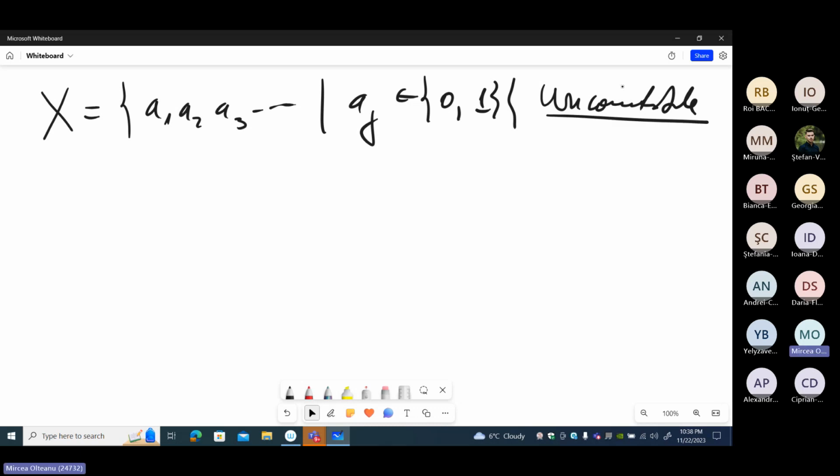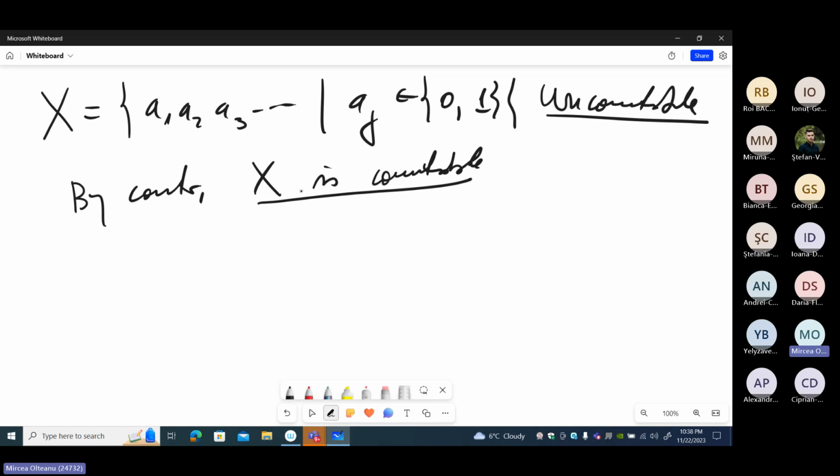What's the idea of the proof? It is to suppose by contradiction that X is countable, and finally to get a contradiction with the hypothesis.